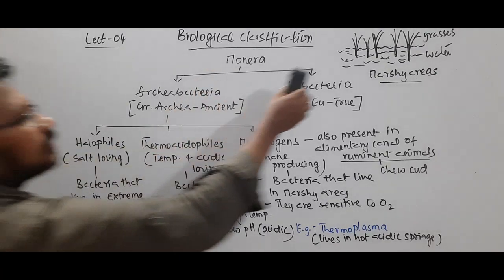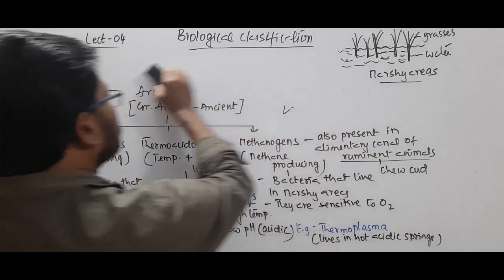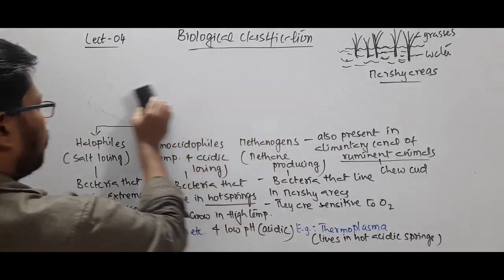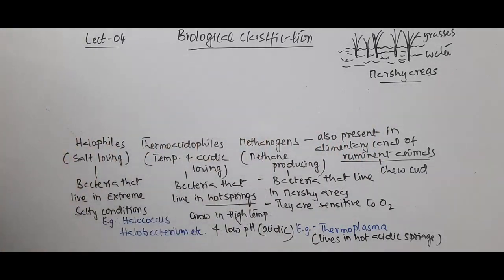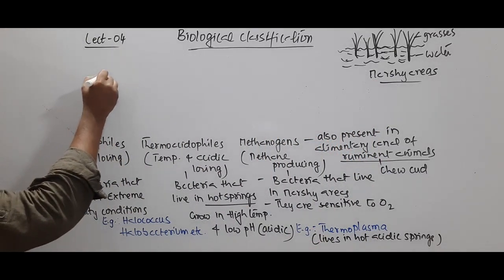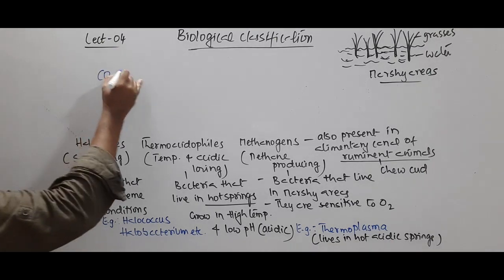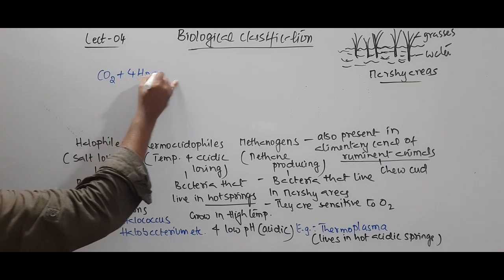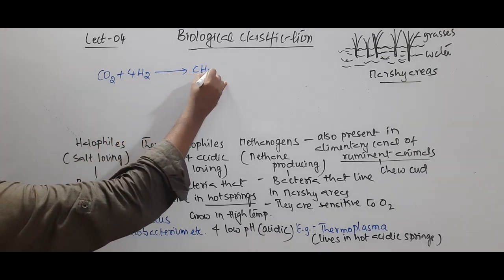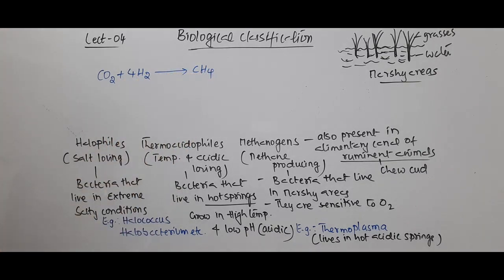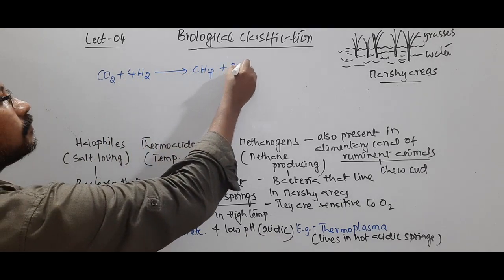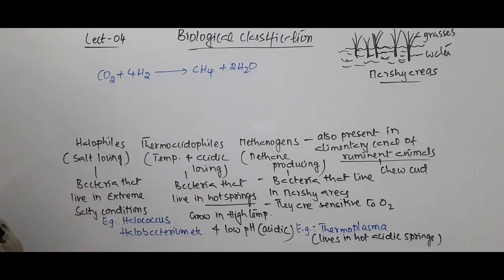So here I'll just mention how they are going to produce that methane gas. They use carbon dioxide with hydrogen to produce methane, and some water is released as a byproduct.